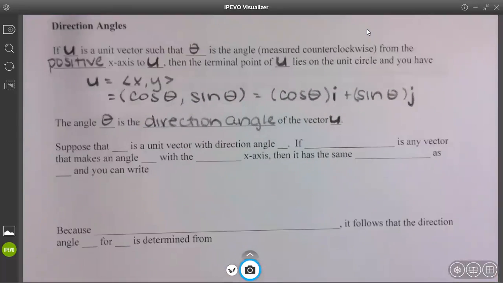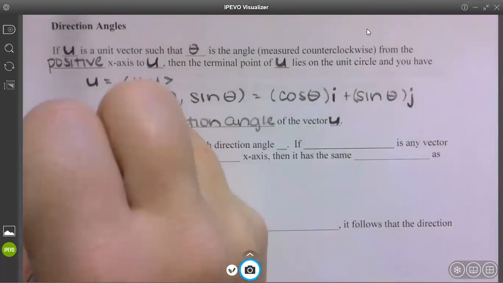Suppose that U is a unit vector with direction angle theta.